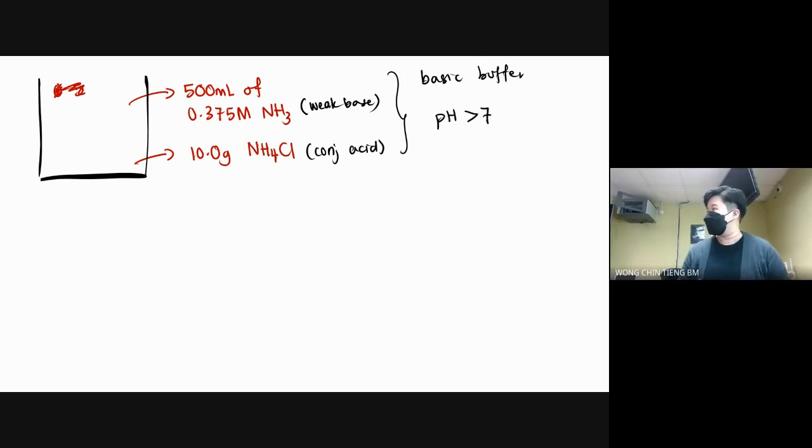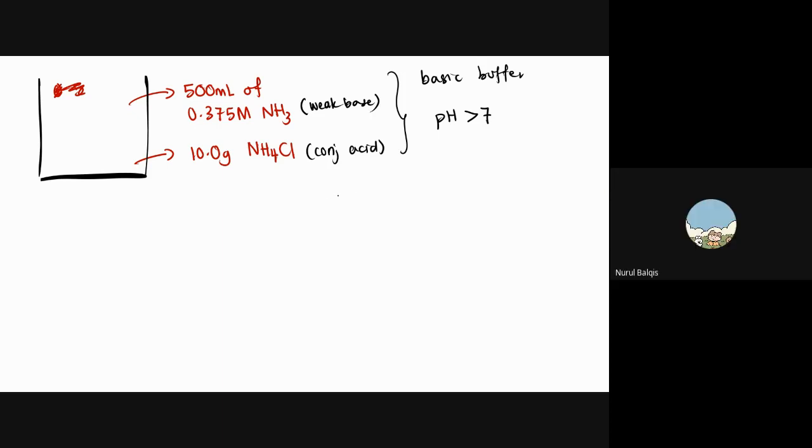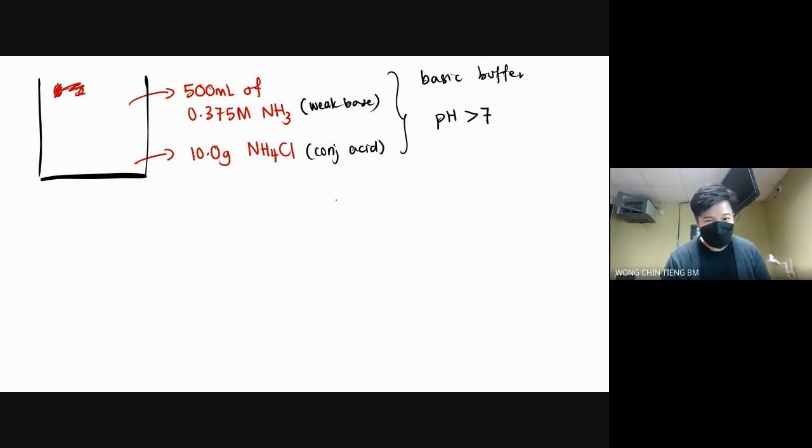Setuju? Okay, saya nak formula. Nama. Nak panggil kawan mana? Balkis. Alright, Balkis, can I have the formula that you would use for this question? PKB, mula dengan PKB terus.